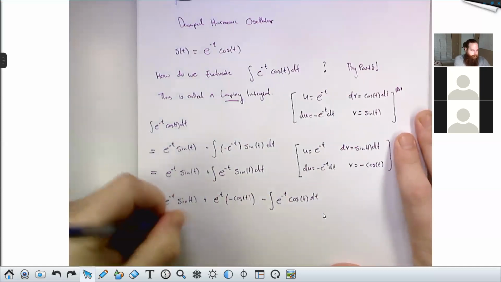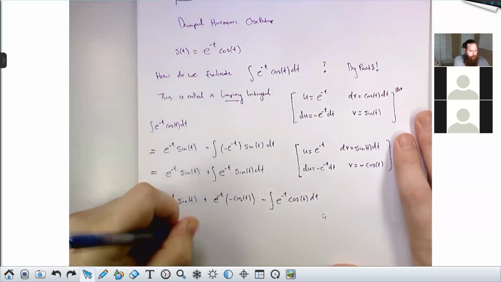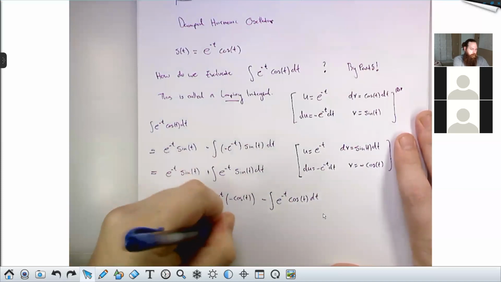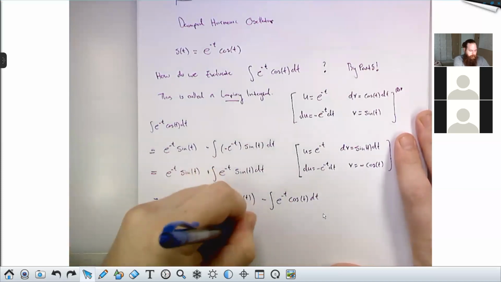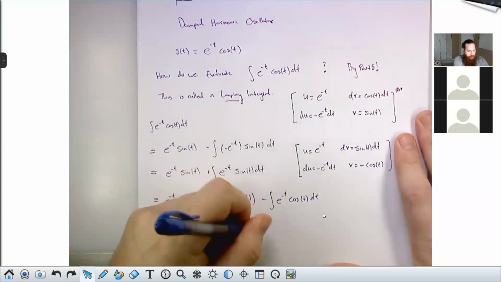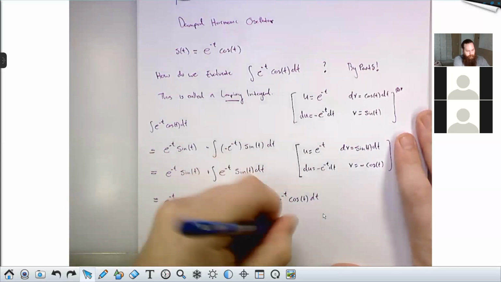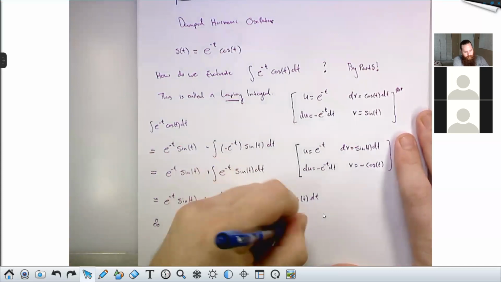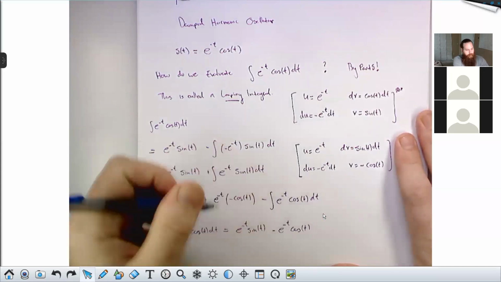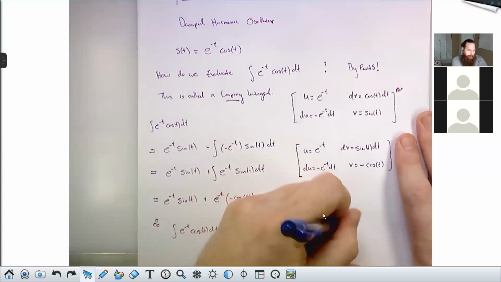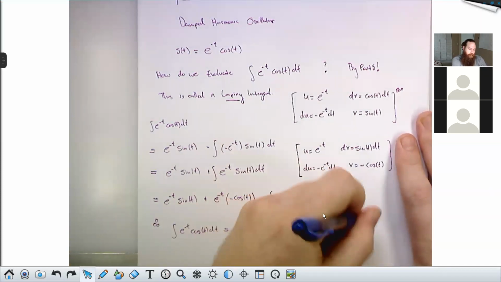What I have here is the integral of e to the negative t cos t dt equals e to the negative t sine t, minus e to the negative t cos t, minus the integral of e to the negative t cos t dt.